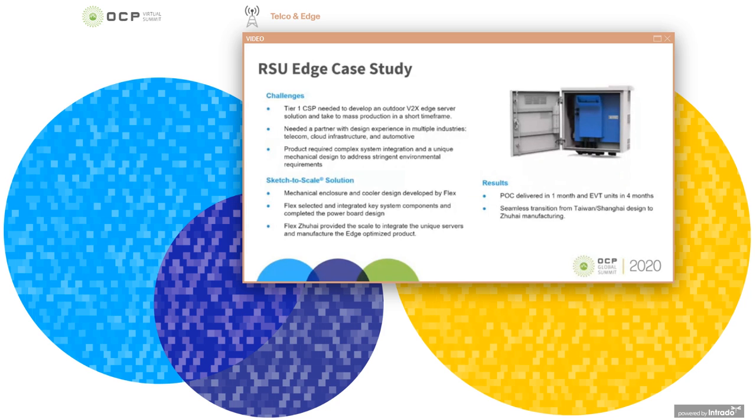To demonstrate and talk about some of these challenges, I wanted to go through a case study. I thought this would be the best way to show a real world example. You see the unit here, it's a roadside unit. It's an edge compute node which supports autonomous driving and V2X use cases for smart cities.